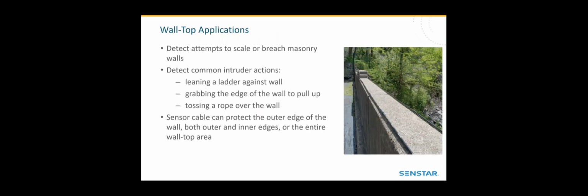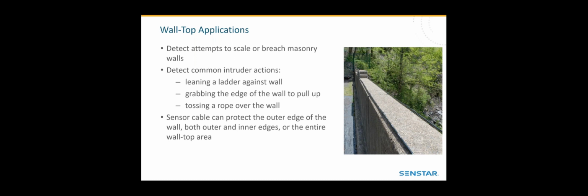Wall top applications. Walls are challenging to protect, and the deployment of the fiber on the wall top is one of the few effective ways to get detection on the top of a wall, short of turning the wall into a fence, by putting a short piece of fence or some kind of topper on the wall, which is fine. But in some scenarios, people don't want that.